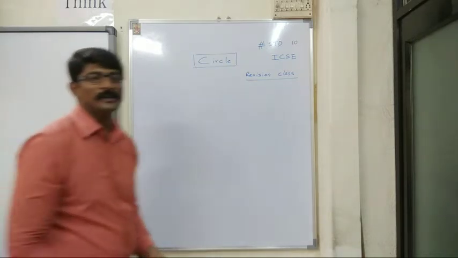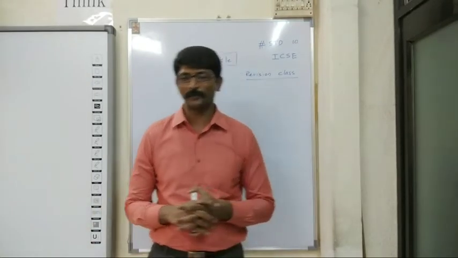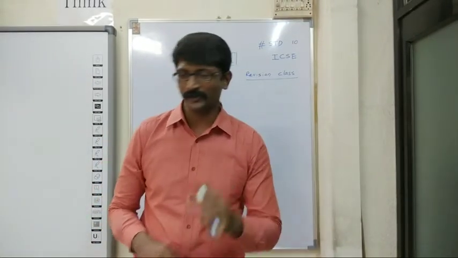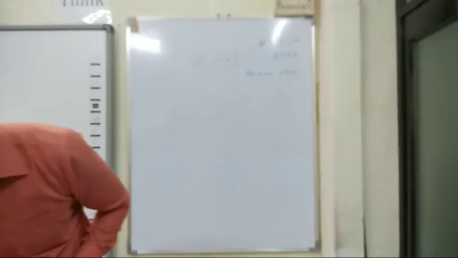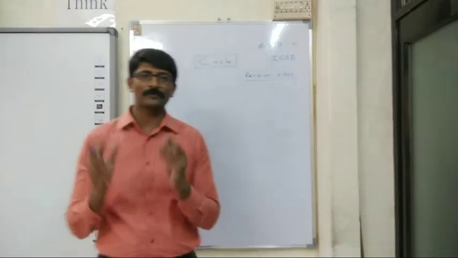Yes, someone has already written, so please revise the tangent properties first. So first of all I'll do the tangent properties. Students, what are the tangent properties? First understand what a tangent is.